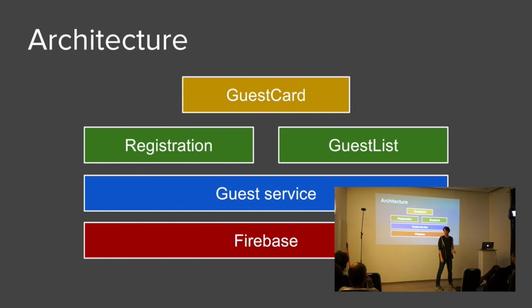Then I have a very simple service. It's called the guest service that performs all of these actions. So you can list the current collection of guests, and you can create a new one. And under that, there's Firebase, which is a framework that allows you to receive notifications, and it's the one that is doing all of this crazy stuff: you push a change, it gets the notification, it draws the new card.